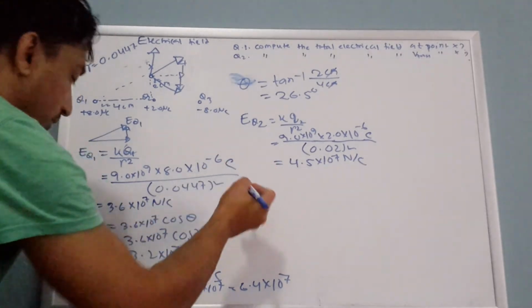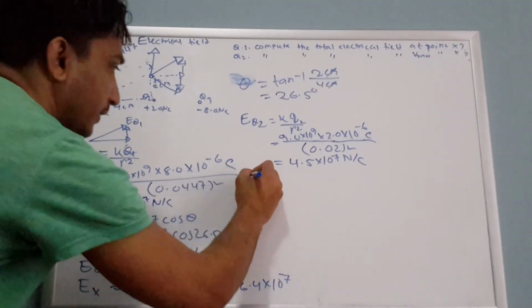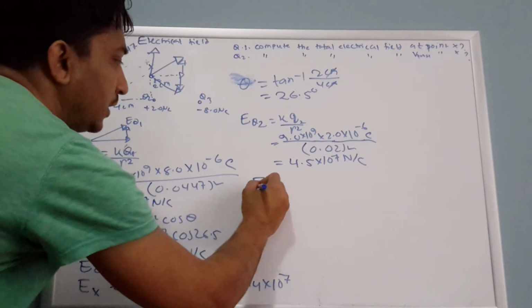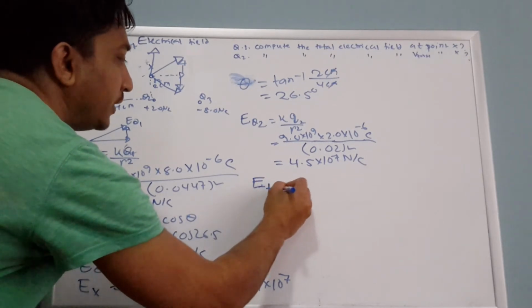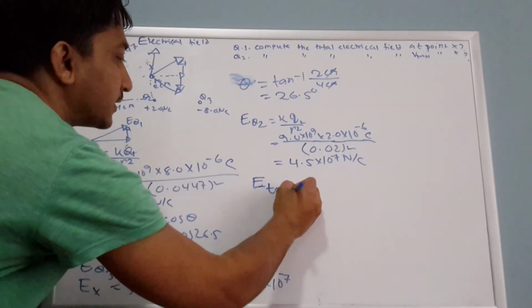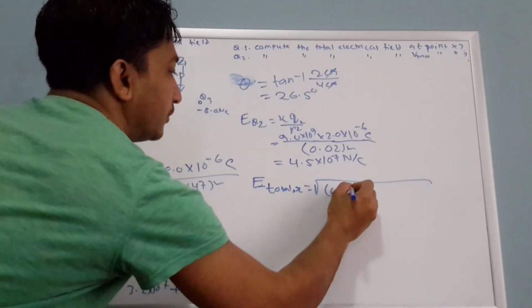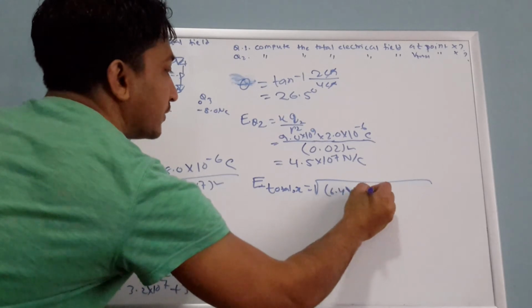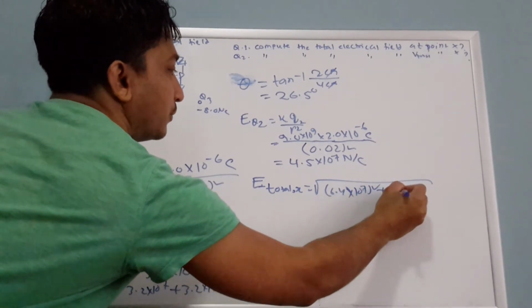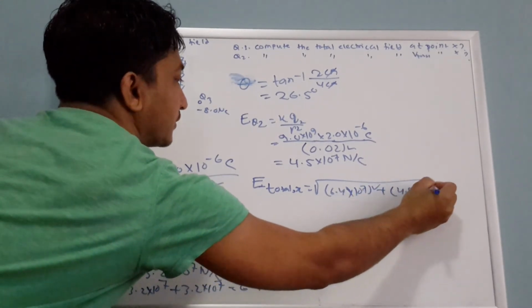So the total electric field at point X would be the square root of (6.4 × 10^7) squared plus (4.5 × 10^7) squared.